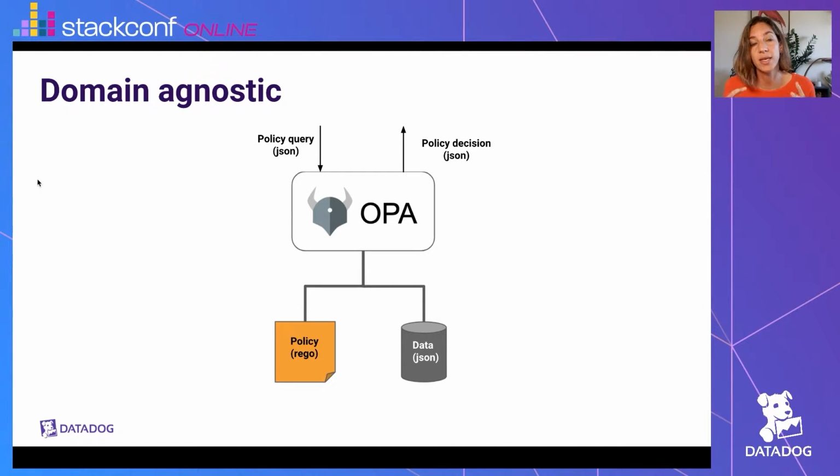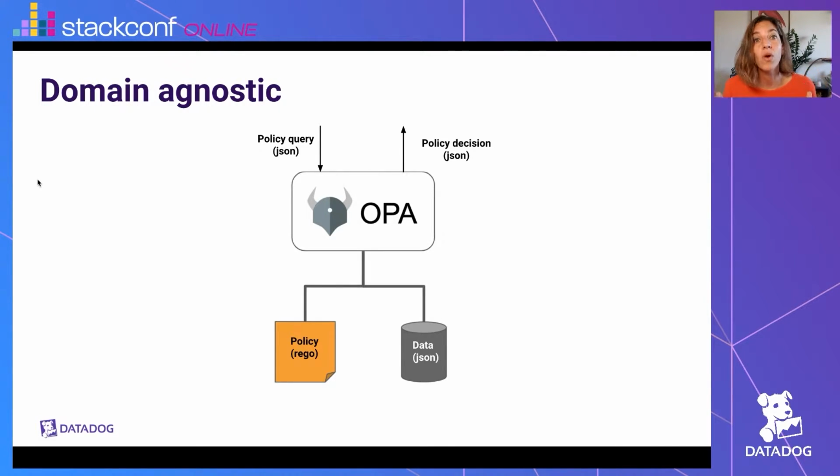And OPA is an engine that takes a query in JSON and makes a policy decision, and returns that policy decision also in JSON, based on the policies that you have registered in Rego and the data that you have. That's the only thing that it does. It takes JSON, it outputs JSON, and that's all it does.